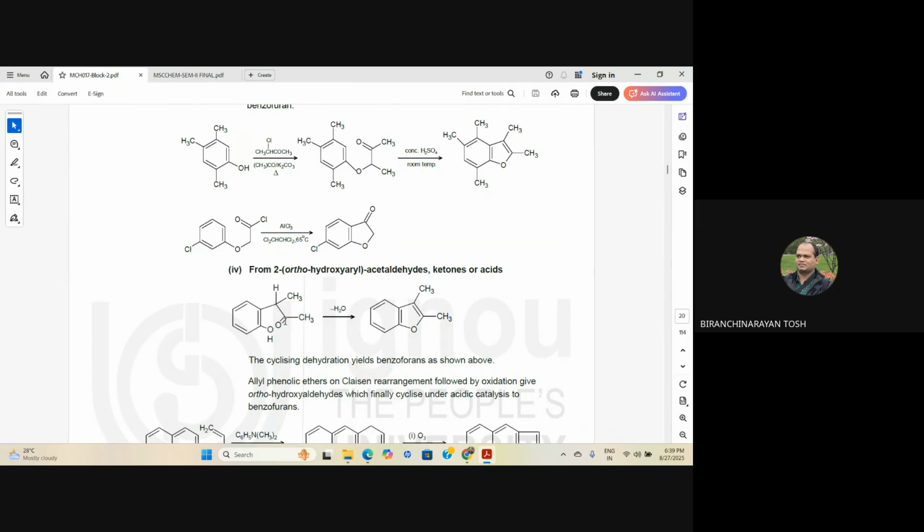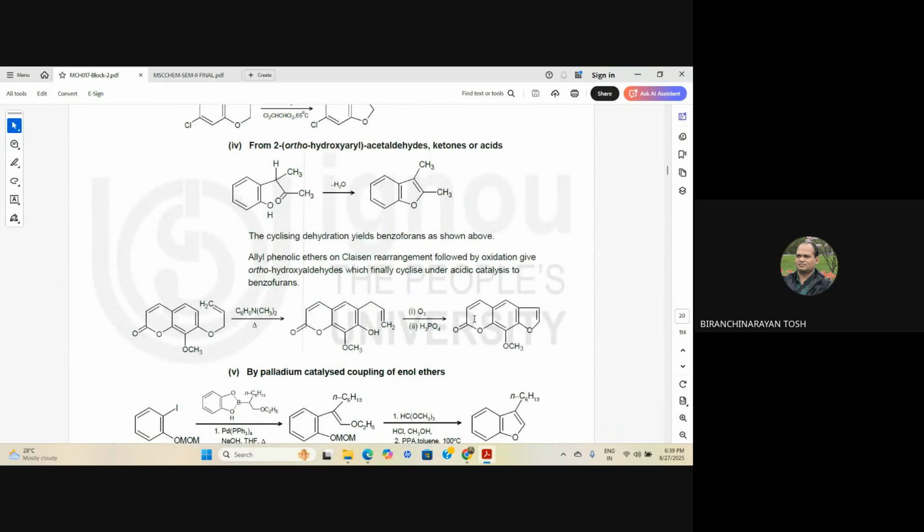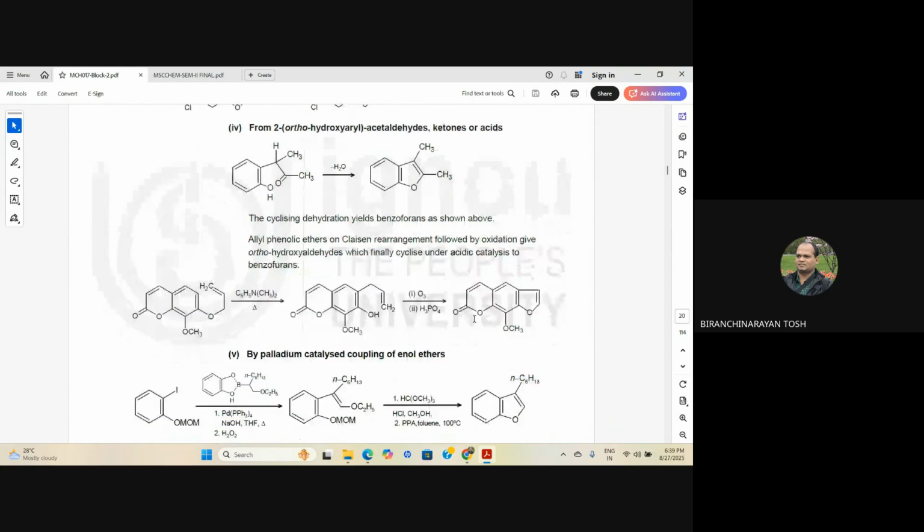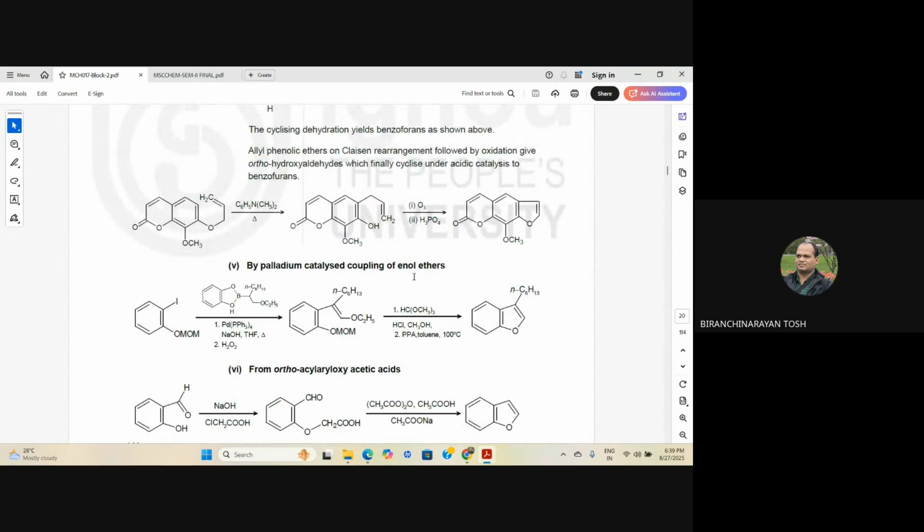Then from ortho-hydroxyaryl acetaldehyde or ketone or acid, whatever may be, there will be dehydrogenation. Here the double bond shifts, hydrogen is removed, so H2O will be removed. So cyclic dehydration yields benzofuran as shown above. Then palladium catalyzed coupling of enol ethers.